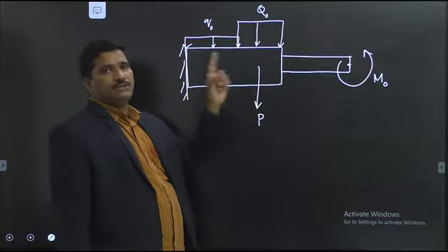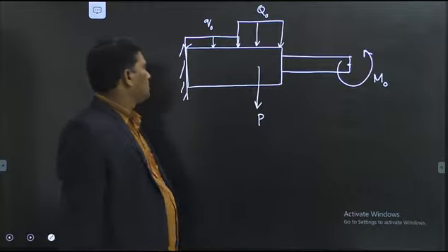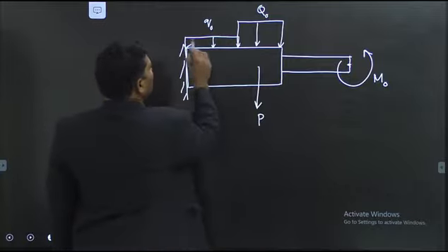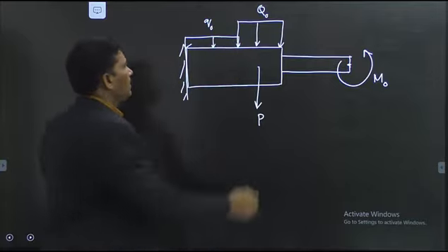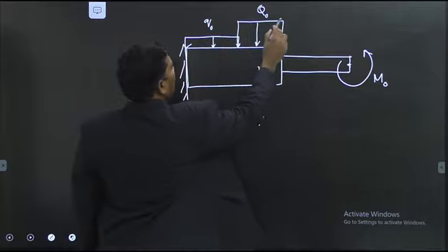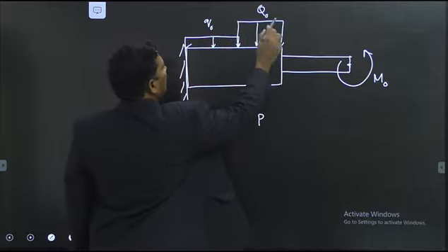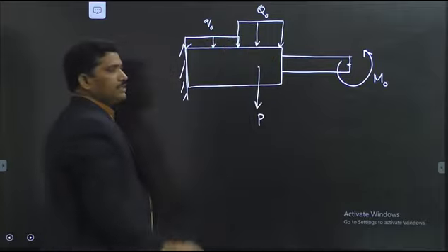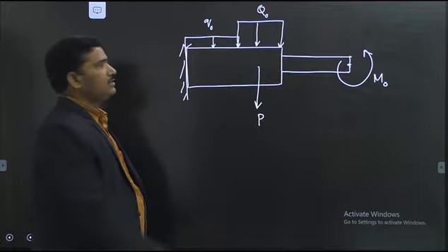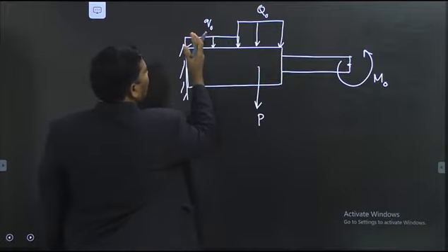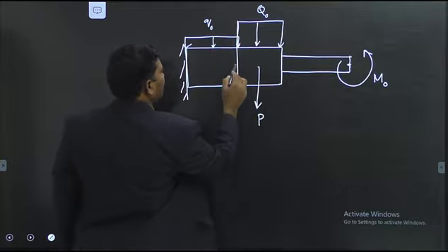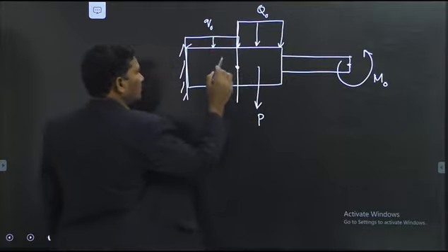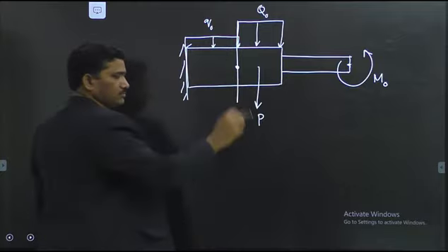Now we take all the forces one by one. This is a uniformly distributed load of intensity q0. This is the uniformly distributed load of different load intensity, capital Q0. The distributed load is abruptly changing. That is the reason why, if you consider the section here, you can have a node, one node here.